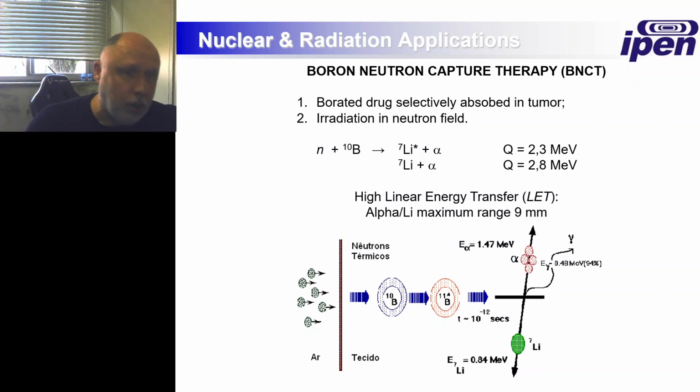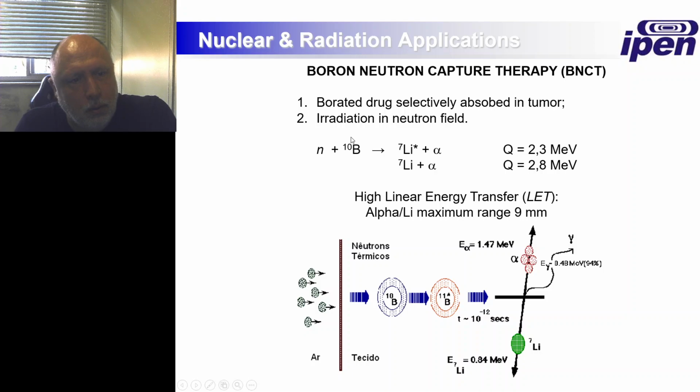Okay, so there's this reaction I told you before. You have boron 10 absorbing a neutron and producing lithium 7 and an alpha particle. The lithium particle also has a very short path.